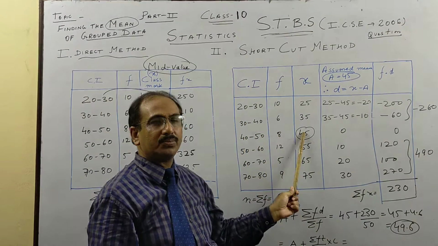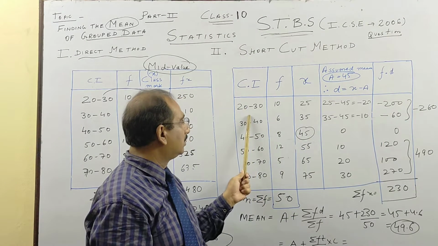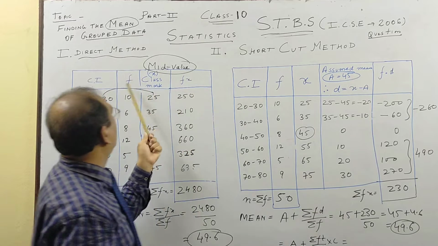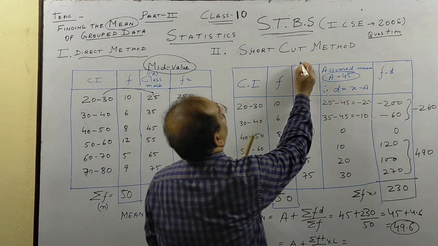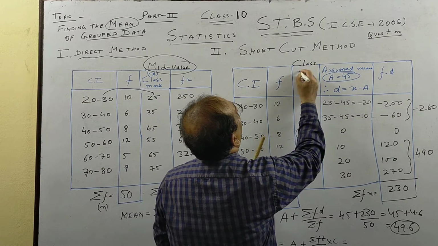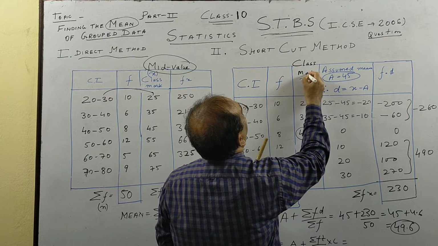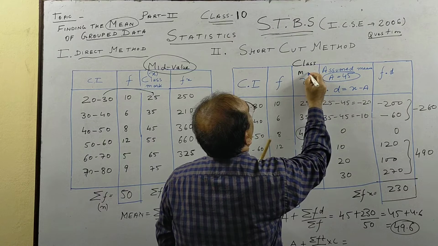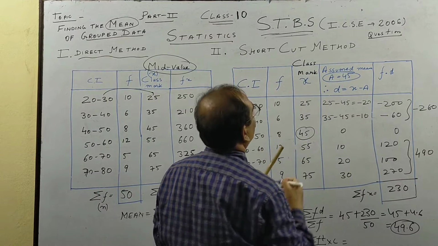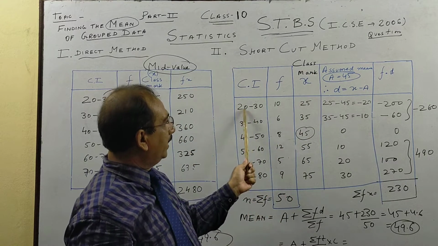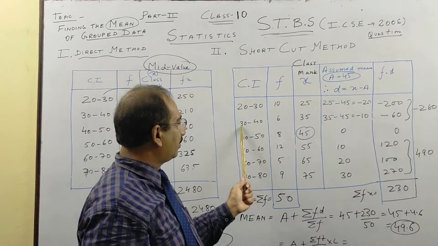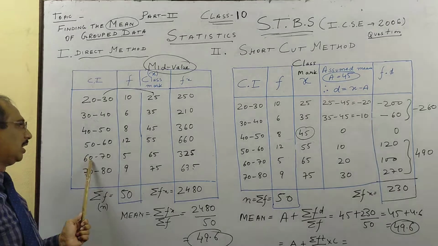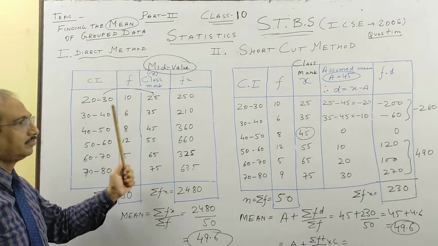The first two or three steps are the same: CI, f, and class mark x. Same thing. 20 to 30 we get 25, 30 to 40 we get 35, likewise as we have done here.